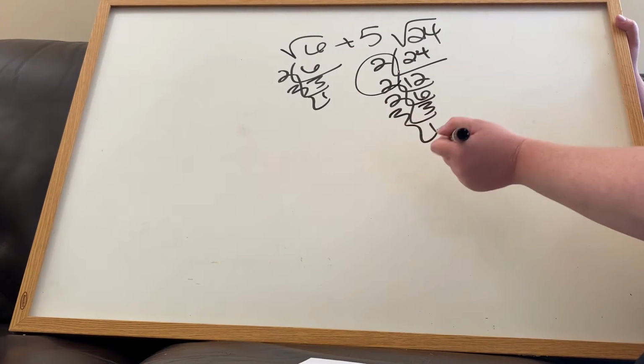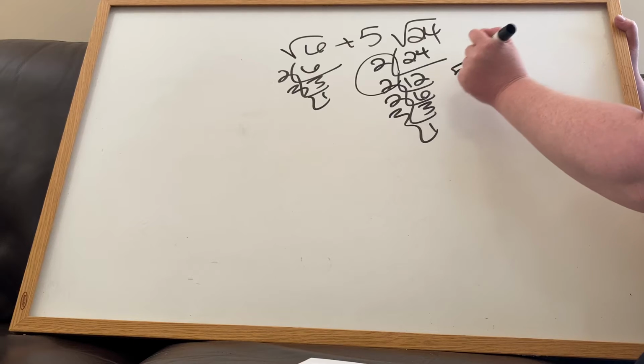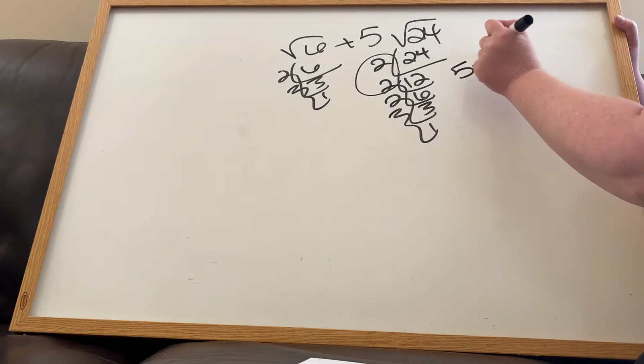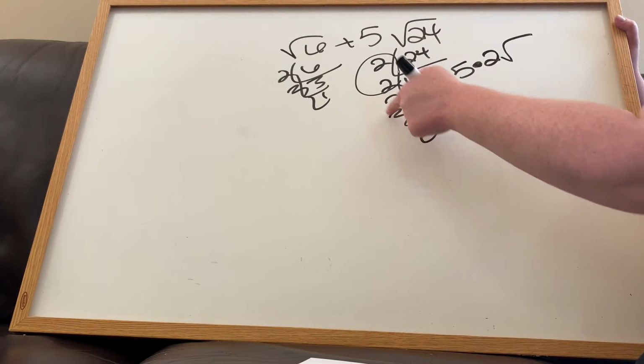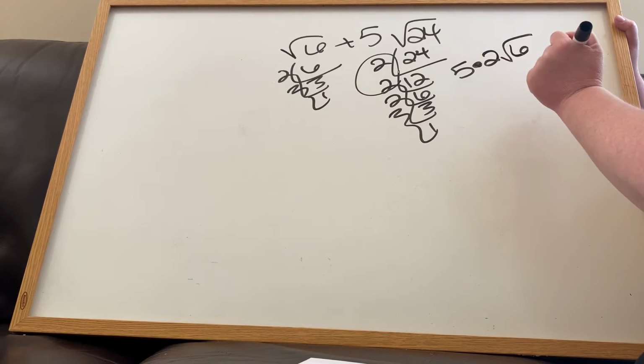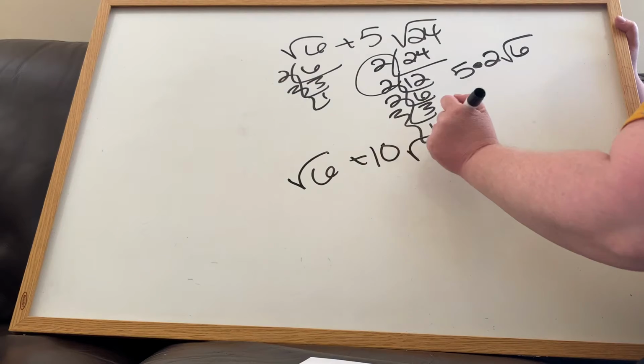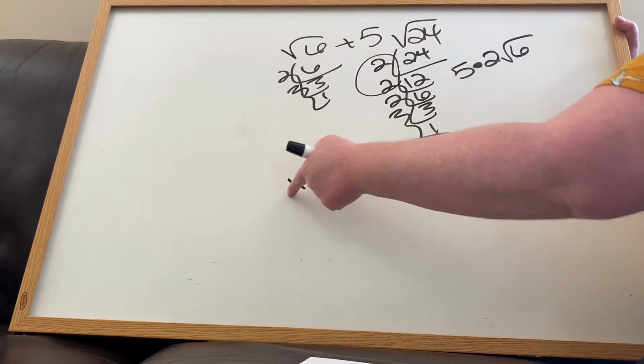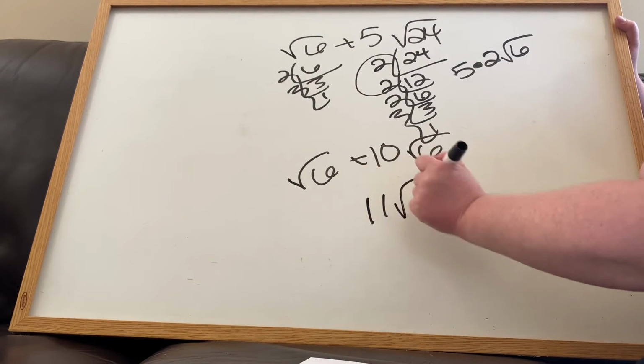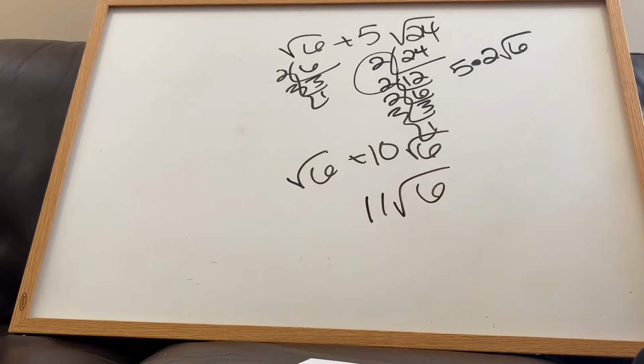So you can pull a 2 with the 5 that you already have out. Square root 2 times 3 is going to be 6. So then you're looking at the square root of 6 plus 10 square root of 6. So that's 1 and 10, so then you have 11 square root of 6.